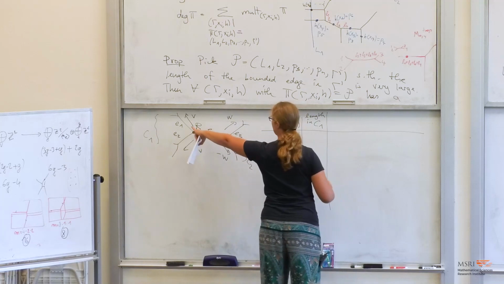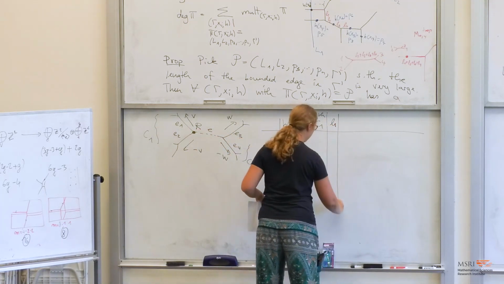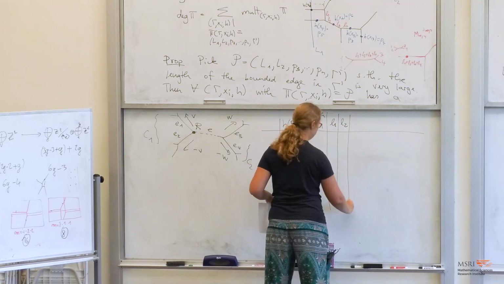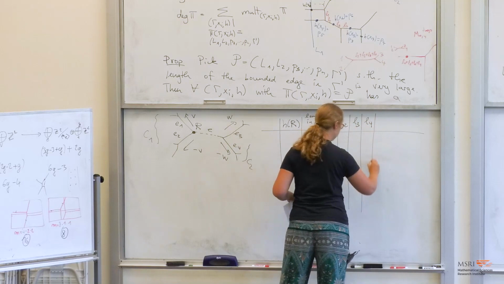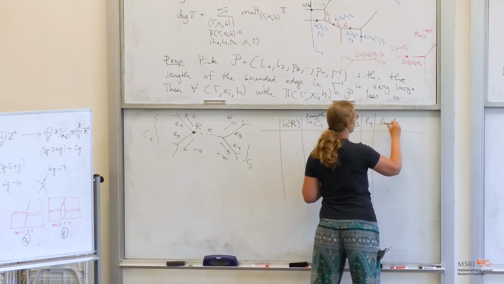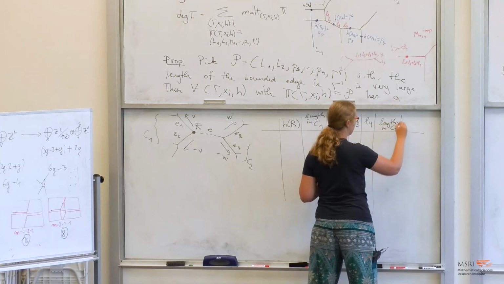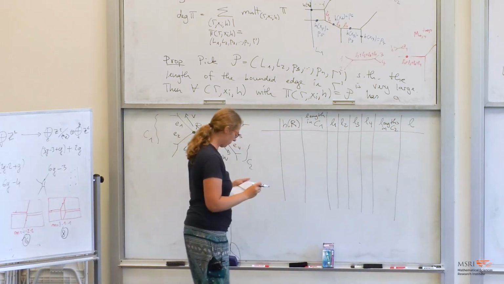Now let me pick the length of E1, E2. I want to call those L1, L2, L3, and L4. I have then some length in C2, and I have L, the length of the contracted bounded edge.